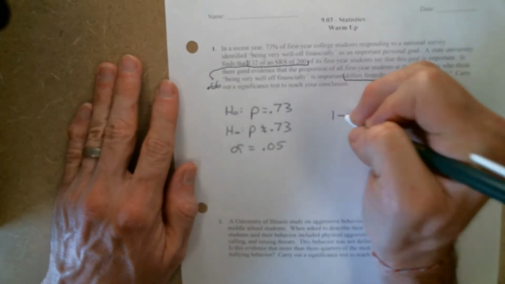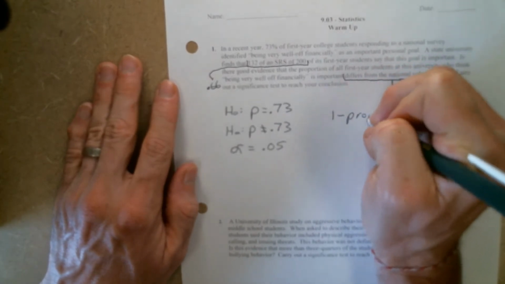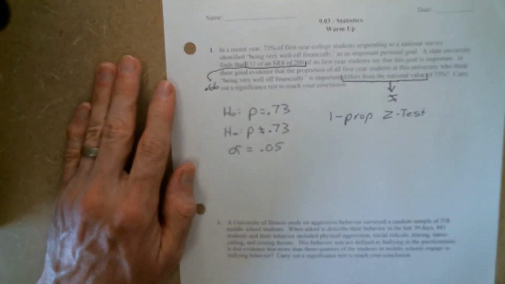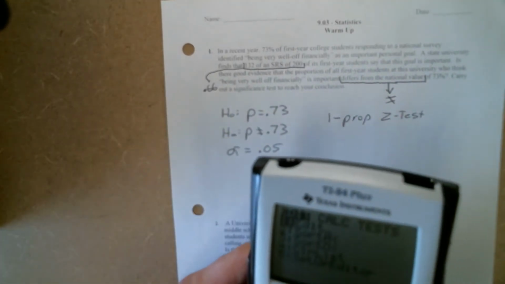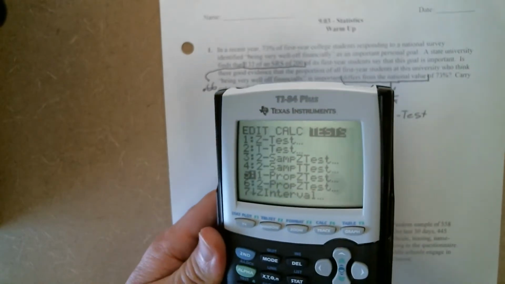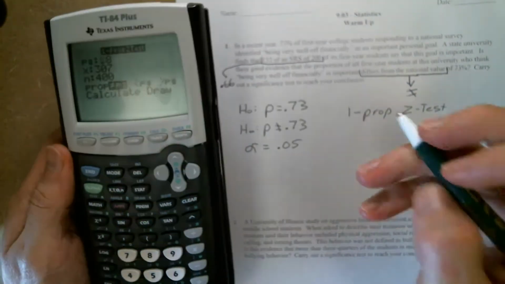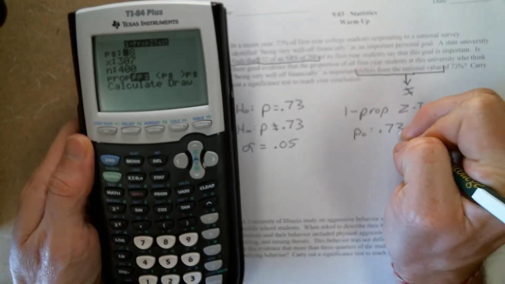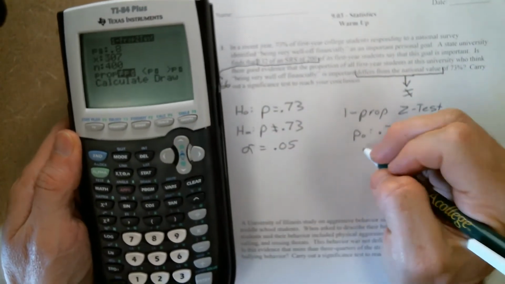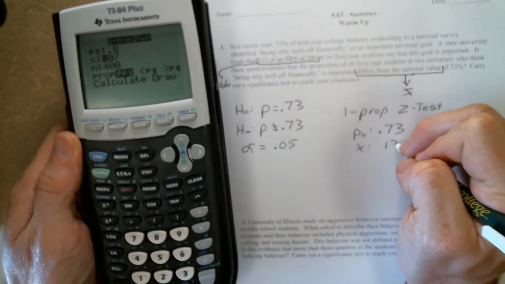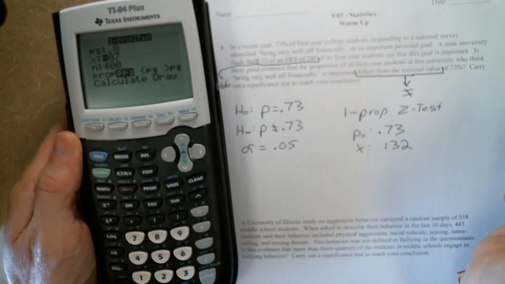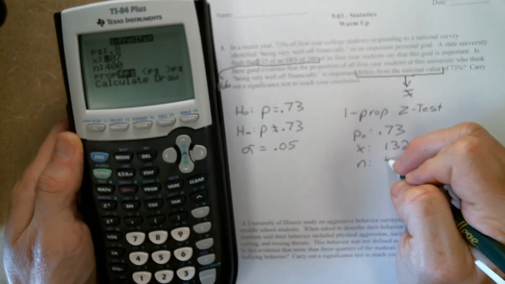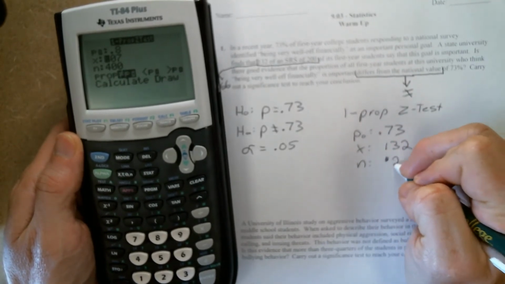And again, we're going to do that on our calculator using the one prop Z test. All right. And this needs a variety of information. First and foremost, it needs to know your null value. So for our problem, that's 0.73. It needs to know your number of successes, which we're told is 132. It needs to know your sample size, which in our case is 200.